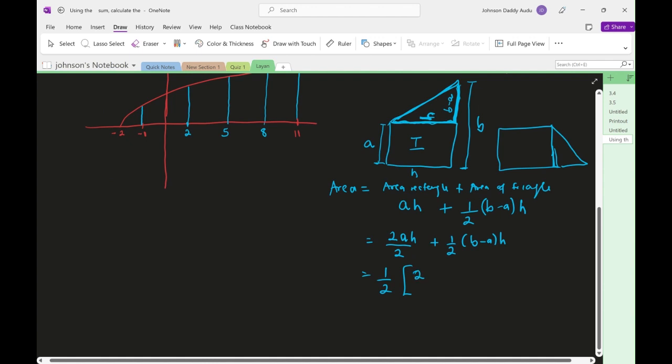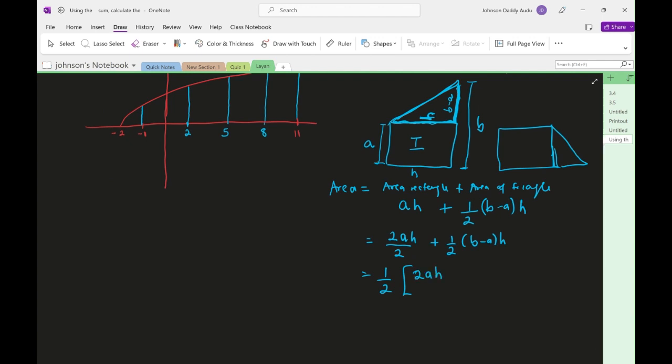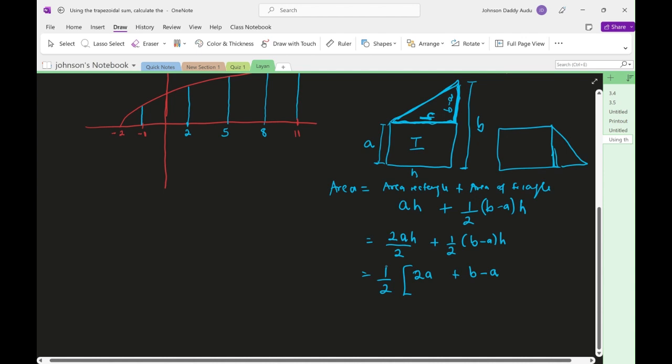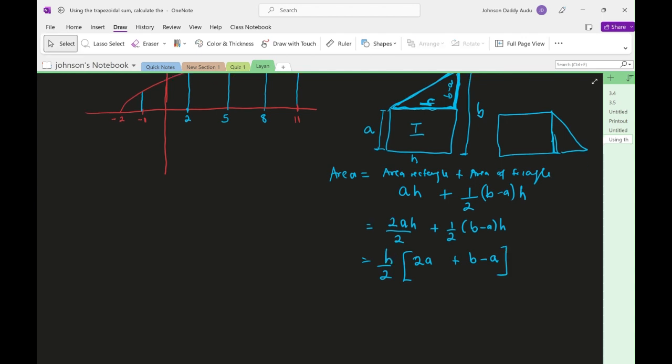So what we have here is 1 over 2 times 2ah plus b minus a. And we can also take h out. Because h is common, we can put h here. So this is what we have.